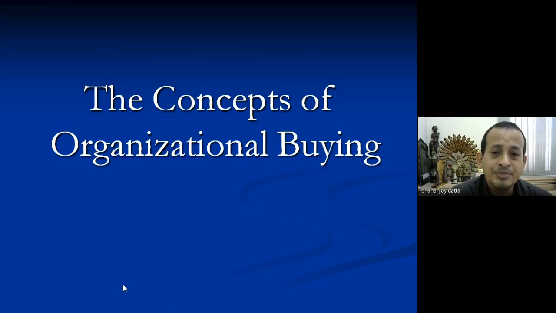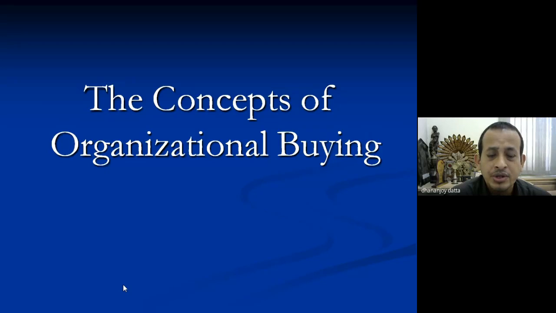Now if we take the example of any production oriented company, like companies doing business in the fast moving consumer goods sector. Fast moving consumer goods include soap, detergent, salt, shampoo. So what kind of goods may an organization buy?